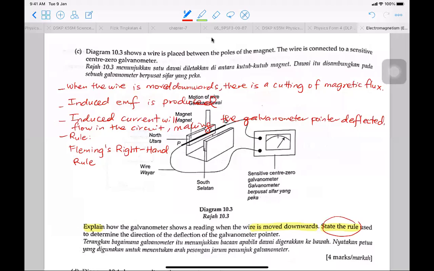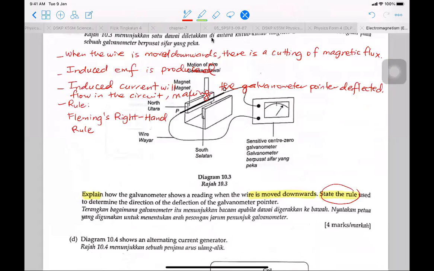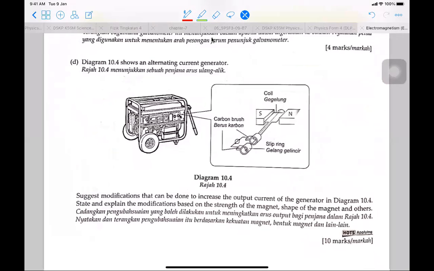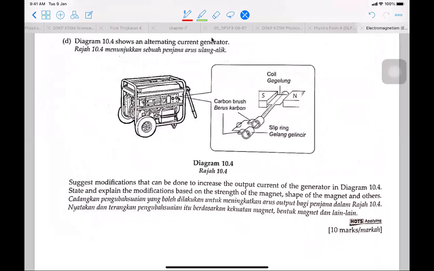Alright. The last part, I will share the scheme for this essay. This is the important one, the 10 marks. The diagram shows an alternating current generator. So this is an AC generator because there are two slip rings and carbon brushes. Suggest modifications that can be done to increase the output current of the generator.